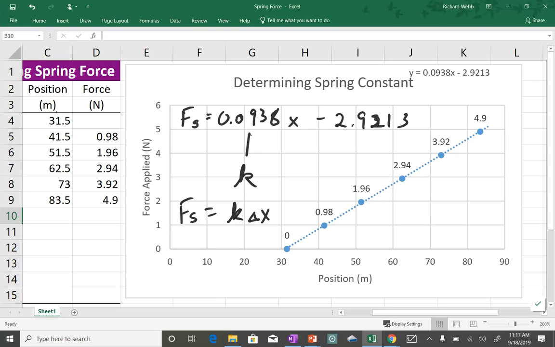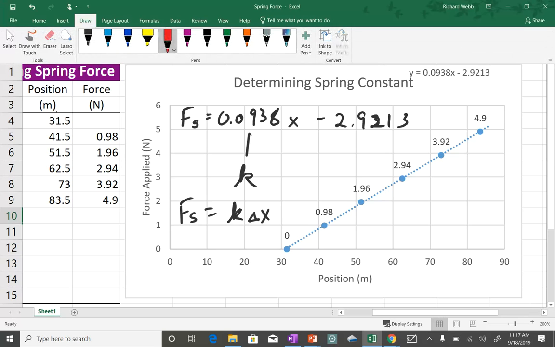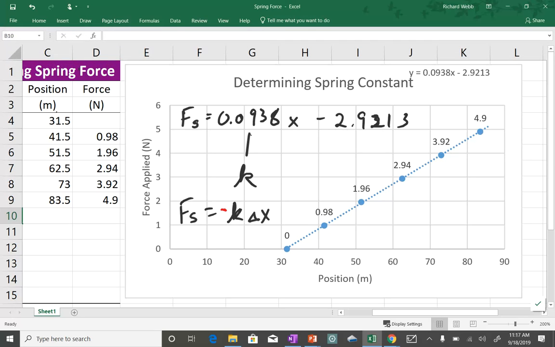Now, one thing that I did not write that you will often see is a minus sign here. If you put vectors, then you have to have that minus sign. Because the spring force is what we call a restoring force. It will try to return the spring to its equilibrium length.